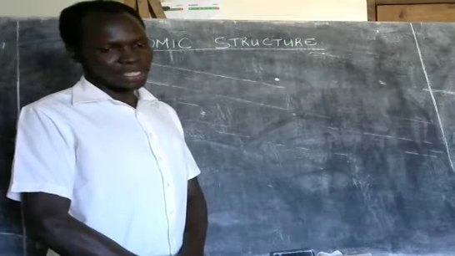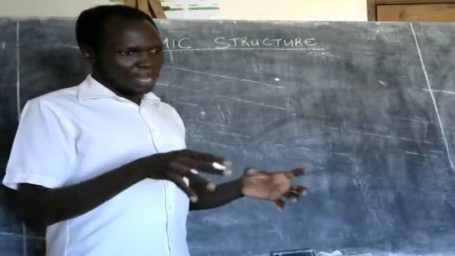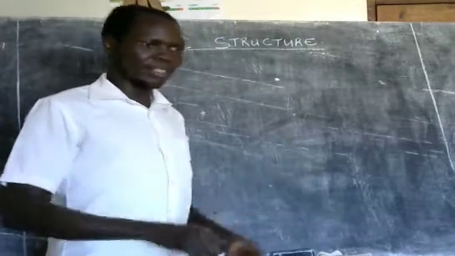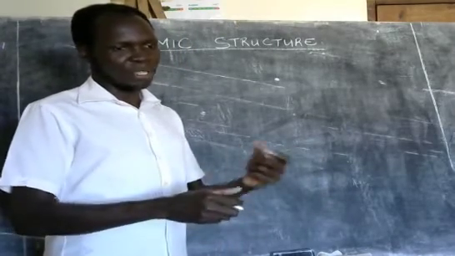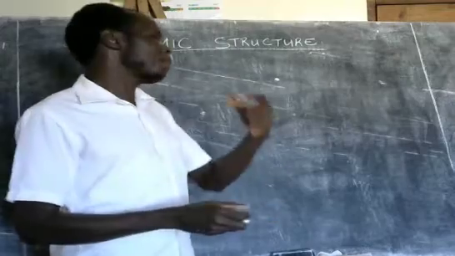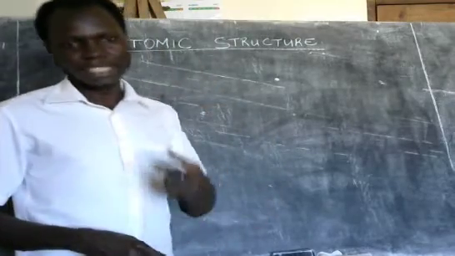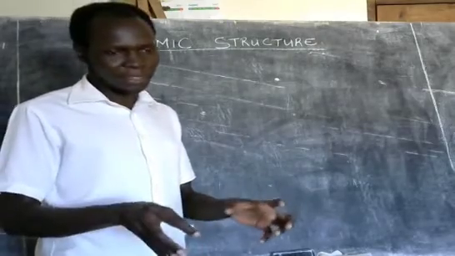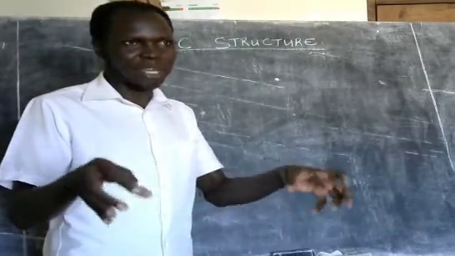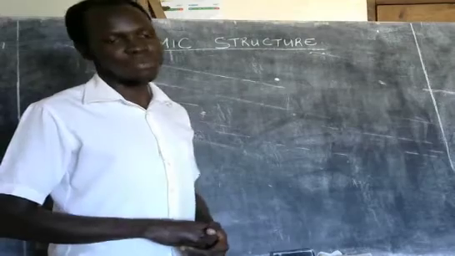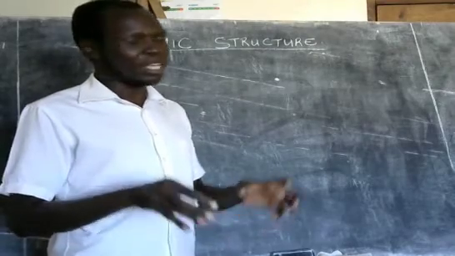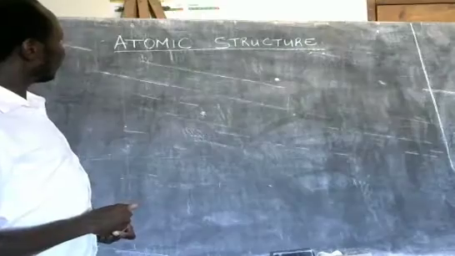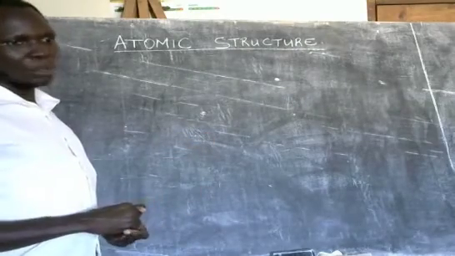What does it mean? If you compare atoms and cells, like we've been defining cells as the basic unit of life, meaning that cells are the ones which begin life, the same thing applies to the atom. Atoms are the ones which begin matter. These atoms have so many particles.